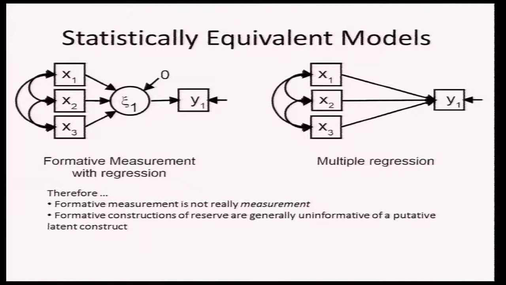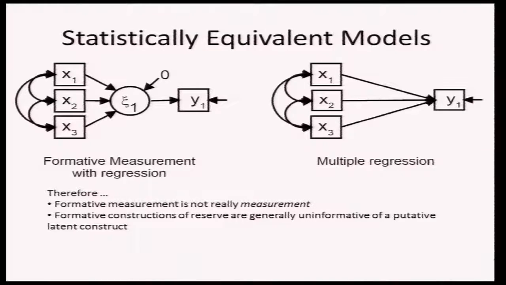A problem with the formative measurement model approach is that once we want to start predicting some outcome with that formative latent variable model, we run into this situation where we cannot distinguish formative measurement models from multiple regression models. So we're left with the conclusion that formative measurement models aren't really measurement at all.